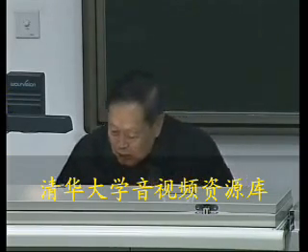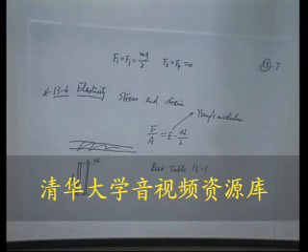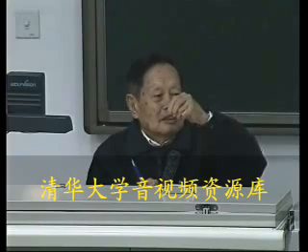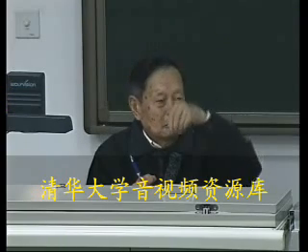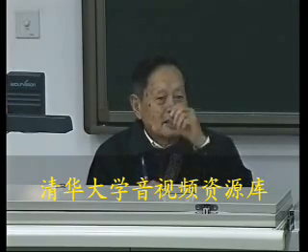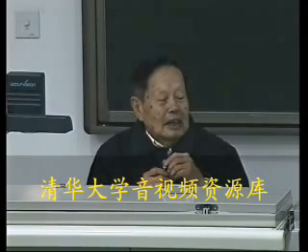By the way, this formula is correct for both plus sign and minus sign for delta L. If delta L is positive, that means you are stretching it. If delta L is negative, that means you are compressing it.